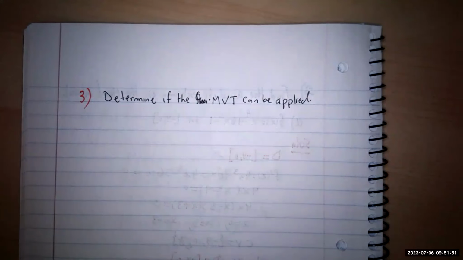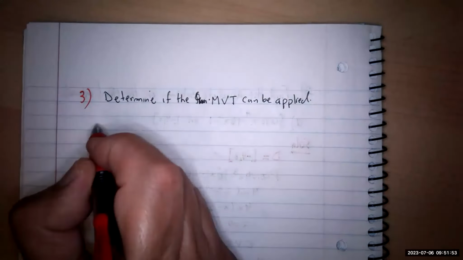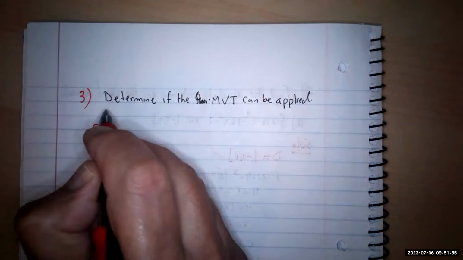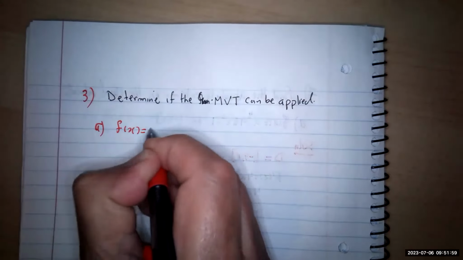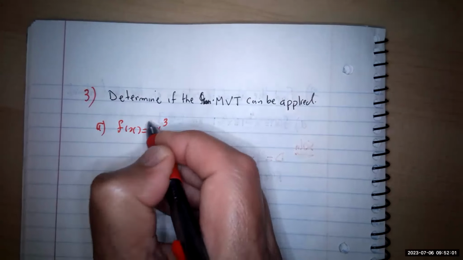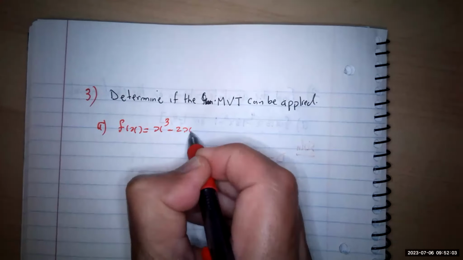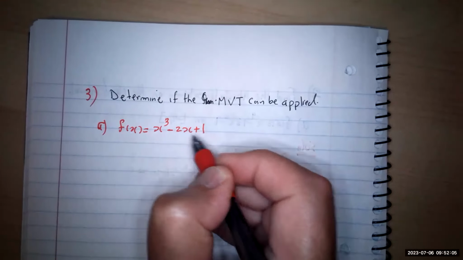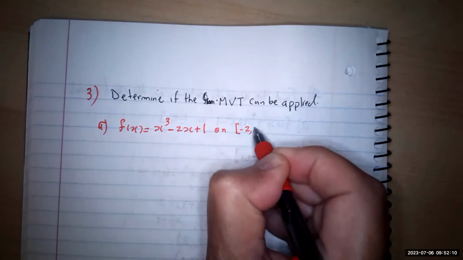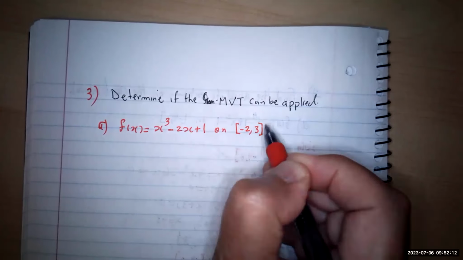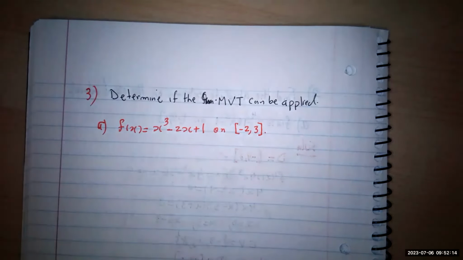Part 1: we give you a polynomial again, like the one here. f of x equals x cubed minus 2x plus 1. You want to test it on this interval. You have to nicely explain the theorem for us, otherwise you are not going to get full credit.